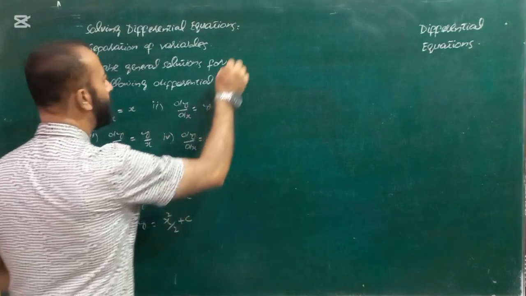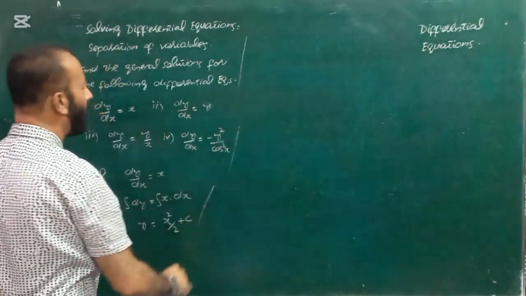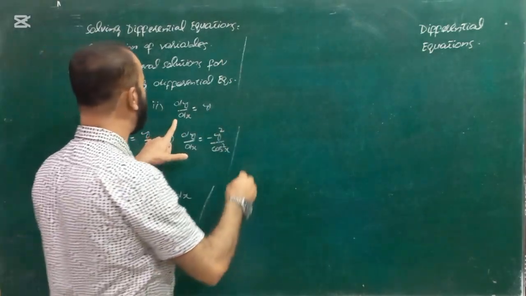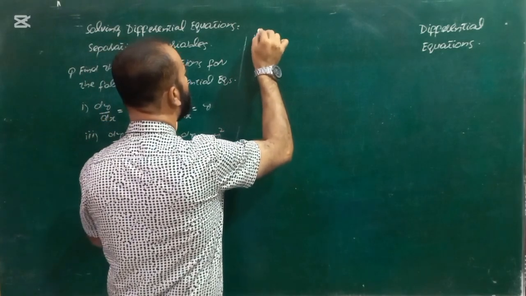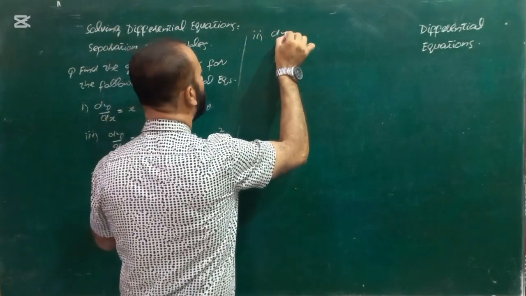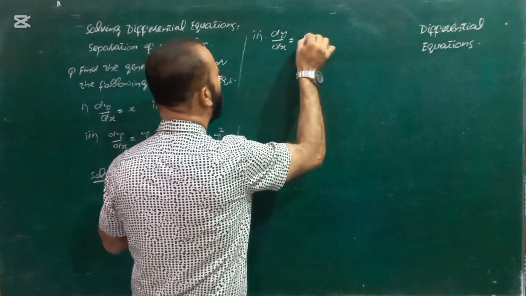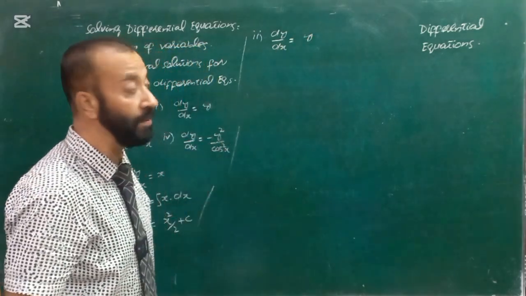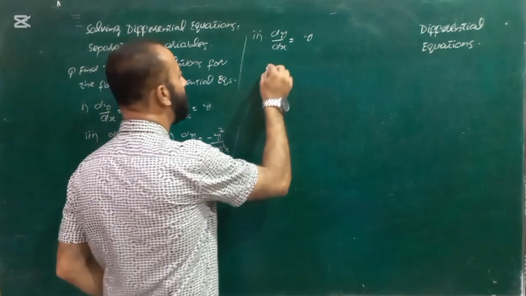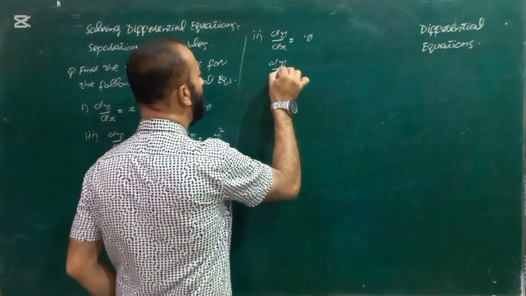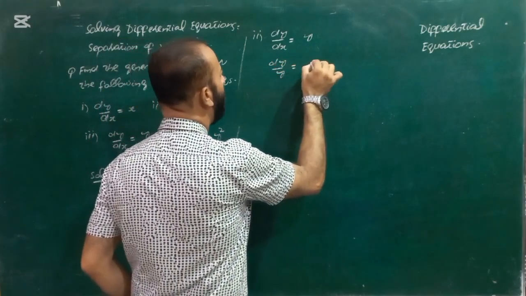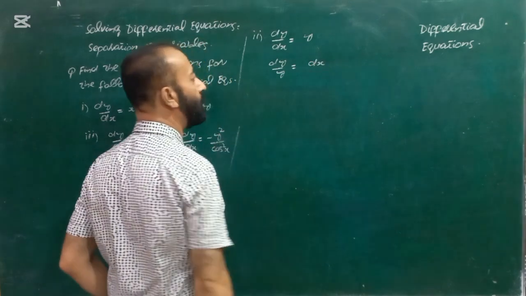The second part is dy by dx is equal to y. So concentrate yourself in every part. There will be some concepts. So the first step will be separate y values on the left side and x values on the right side.